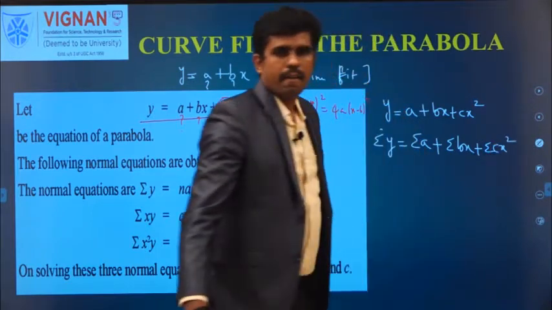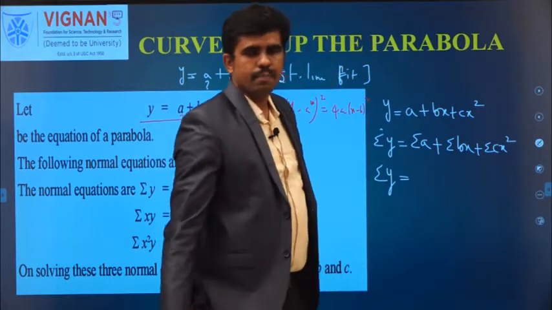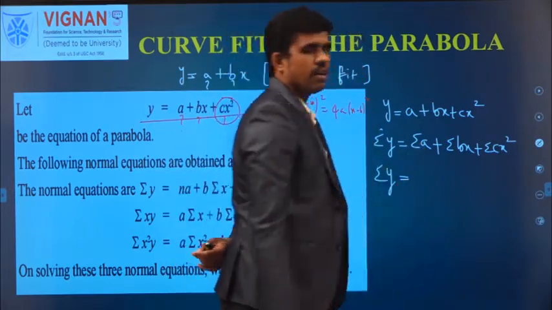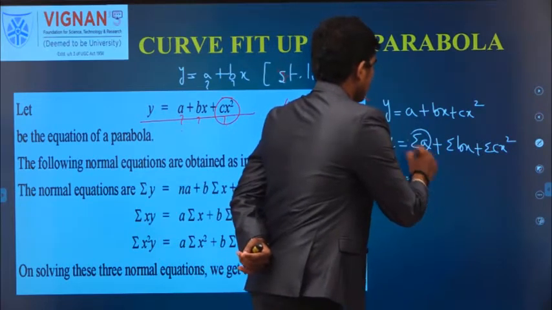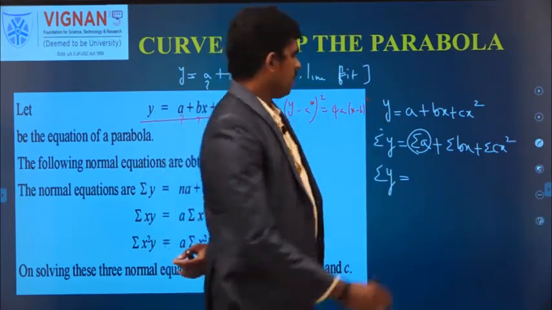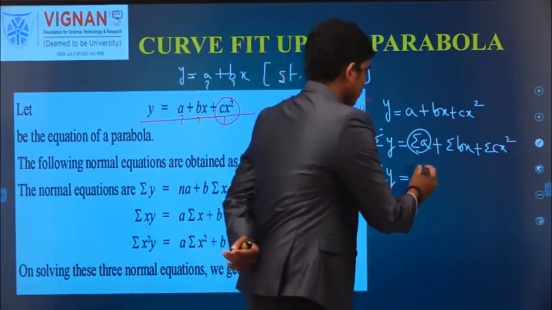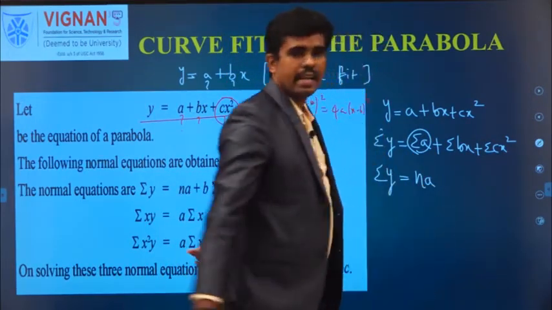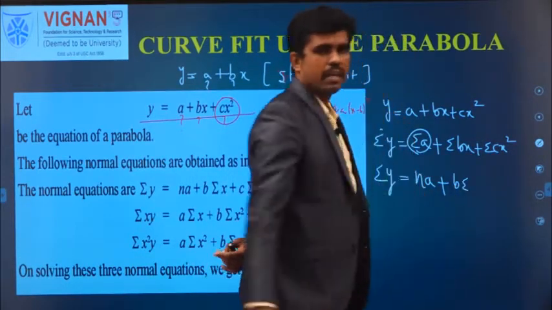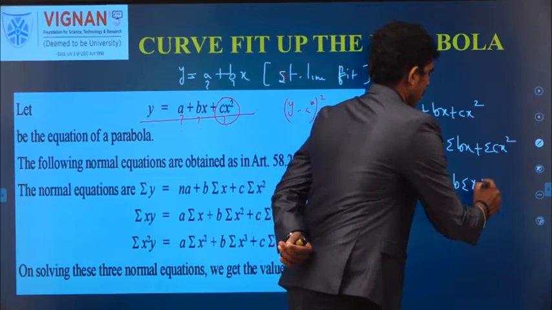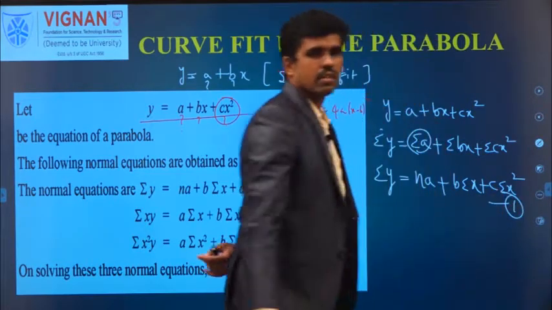In this, you take out all the constant values. Here the constant value is a, but how many times is this constant there? If we have n number of values, it is n times a. So normally you can write n times a, plus you can take out b here, you can take out c here. So this is one normal equation.